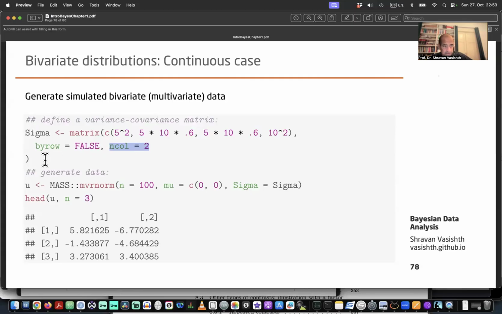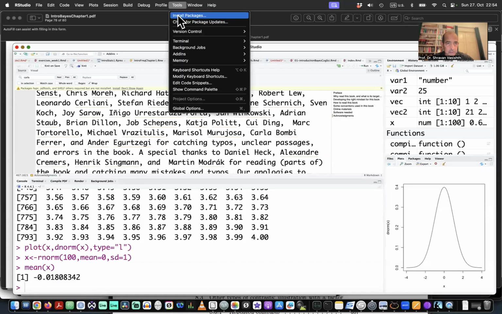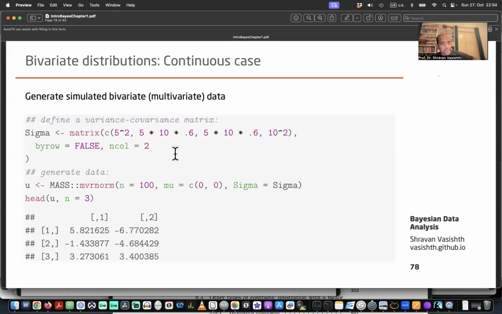And so if I run this code, I'm going to get a 2 by 2 matrix, which is this big sigma. And then I'm going to use the package MASS. So perhaps you have to install this package in R, right? I hope you guys know how to install packages in R. You have to go to Tools and go to Install Packages and then type MASS, and hit install, and it's going to install the package for you, okay?